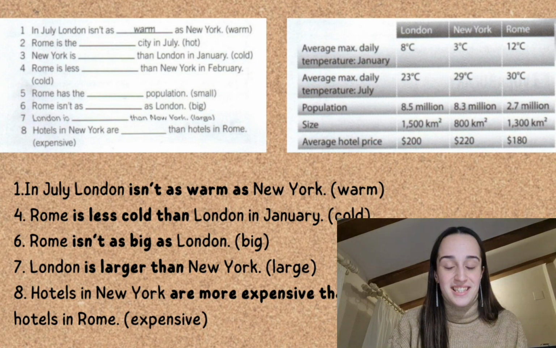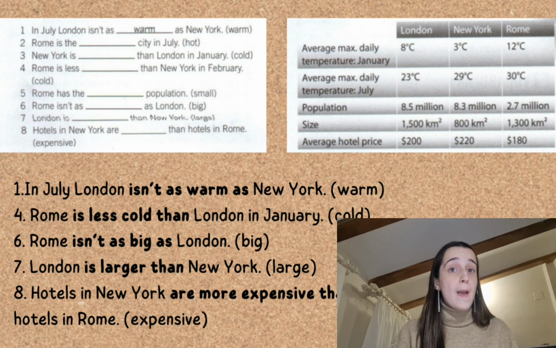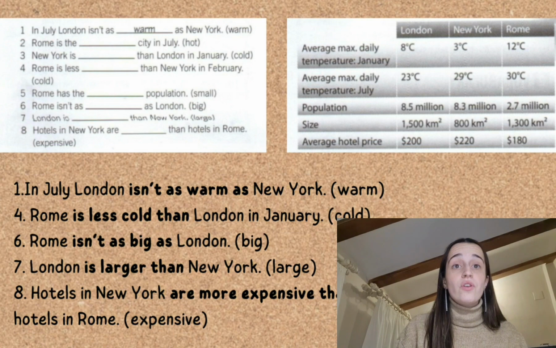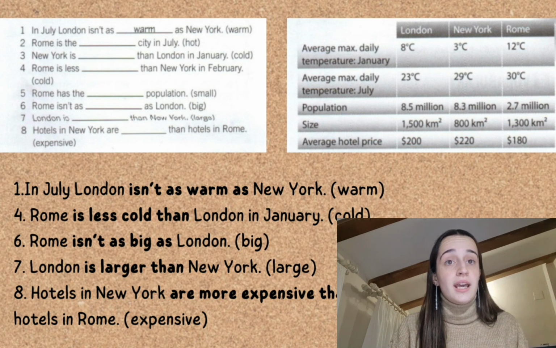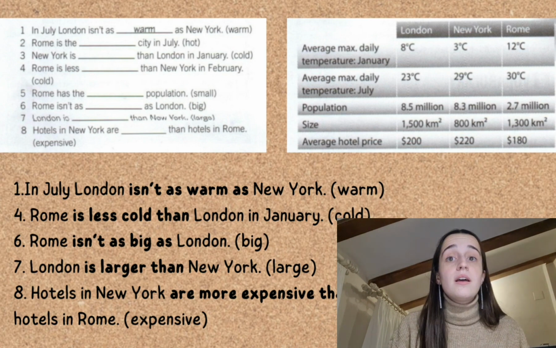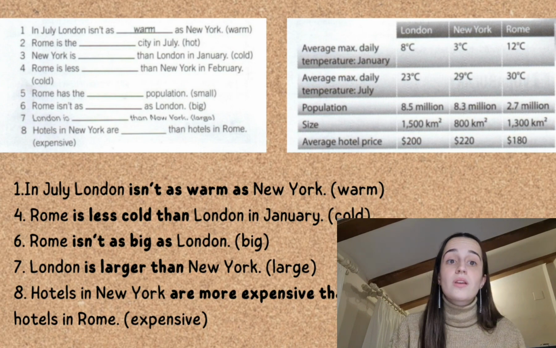Sentence 7. London is larger than New York. Why? Because the size of London is 1.5 thousand kilometers, and for New York 8,000.